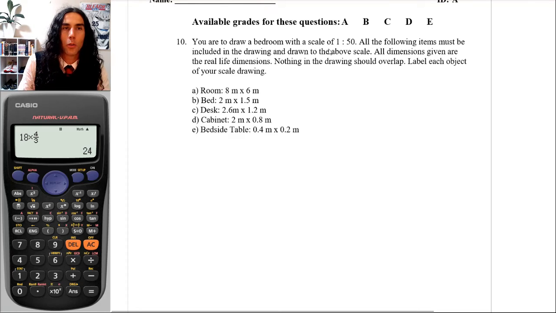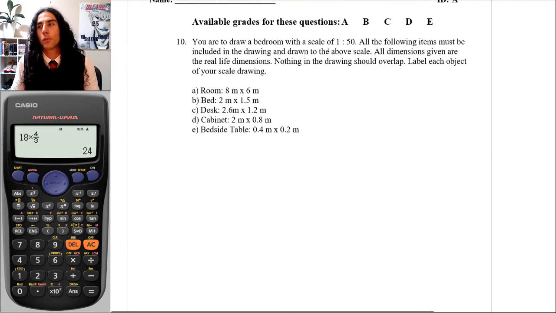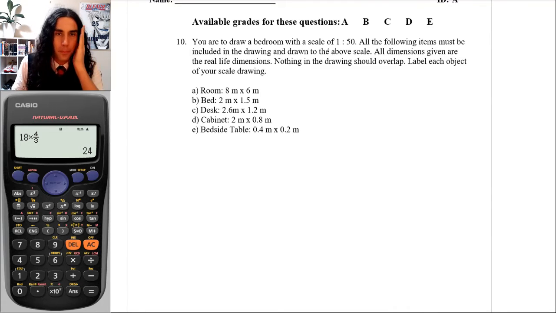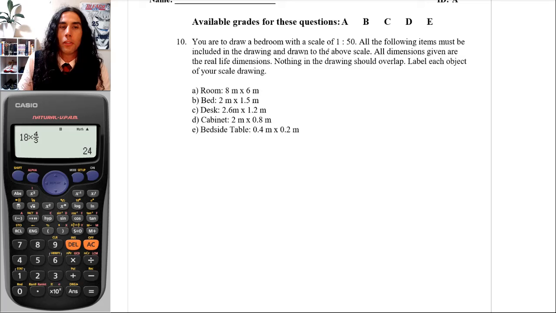So how do you do this? Have a go. Okay. So 1 to 50. So first thing, what that means is 1 is the original. 2 is the new. It's the image. It's the new thing. So we have to times everything by 50.